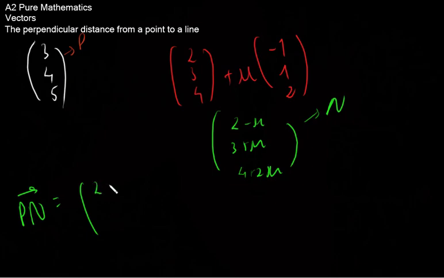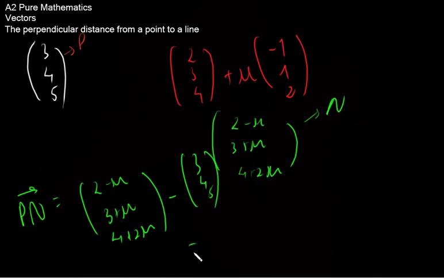For that, this is (2 minus mu, 3 plus mu, 4 plus 2 mu) minus (3, 4, 5), eventually giving us (-1 minus mu, -1 plus mu, and here is -1 plus 2 mu), or minus 1, sorry for that.